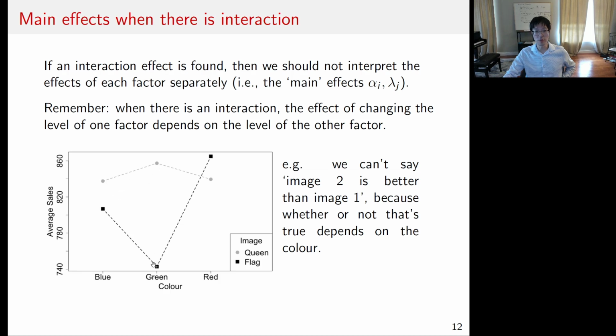So queen is better for 2 colors, and the flag was better for red, for example, here. Okay, so in other words, for simplicity, we do not try to interpret the main effect when there is interaction. Okay, because the effect of the level of one factor depends on the other.